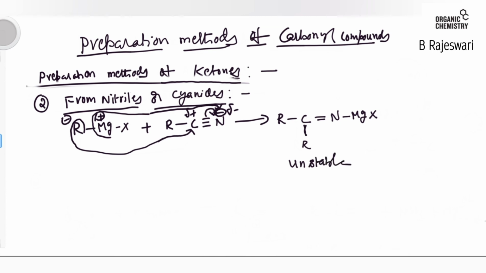Now this unstable compound on further hydrolysis gives ketones.